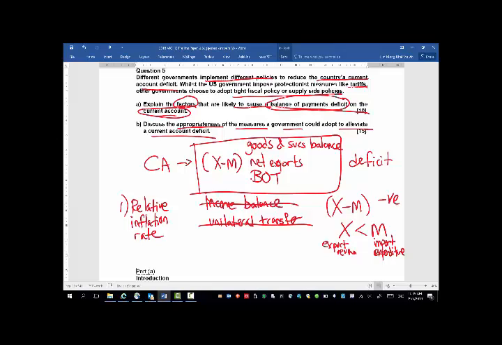So in what kind of instance, is it when domestic inflation rate is smaller, or is it greater, that we will see a deficit in your BOT? Domestic inflation rate, greater or smaller?